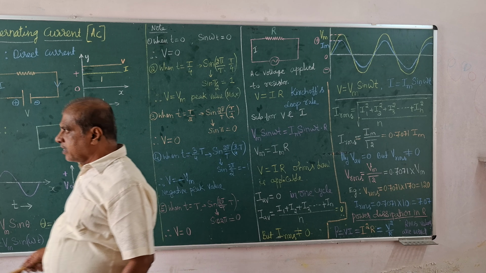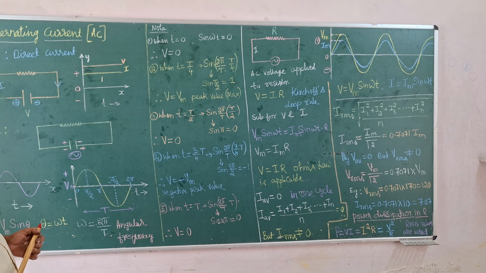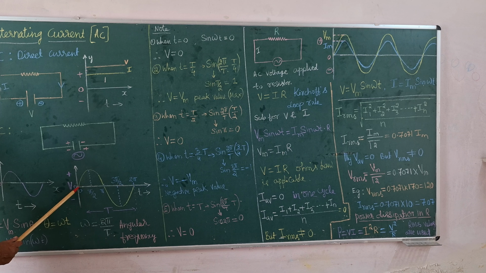To understand the sinusoidal wave clearly, I will go a little deeper into that. Just to understand the sinusoidal wave, I will draw this graph. This is the graph for one cycle.